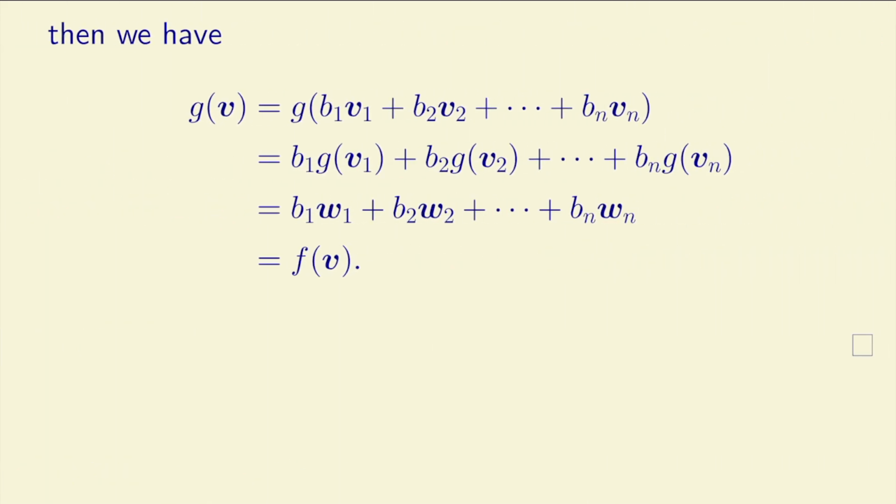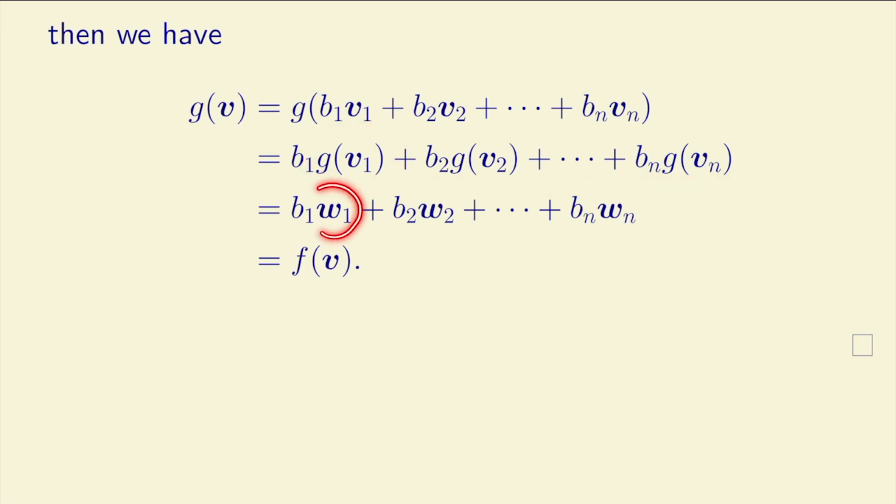Let's see. g of v equals g of (b1 v1 plus ... bn vn). And since g is a linear map, we can pull out the coefficients and separate the sum. So that's b1 g of v1 plus ... bn g of vn. And what's g of vj equal to?